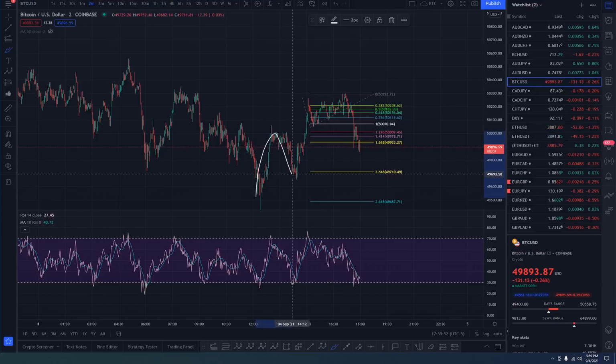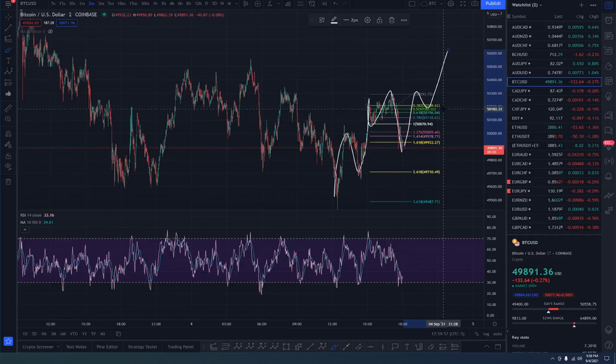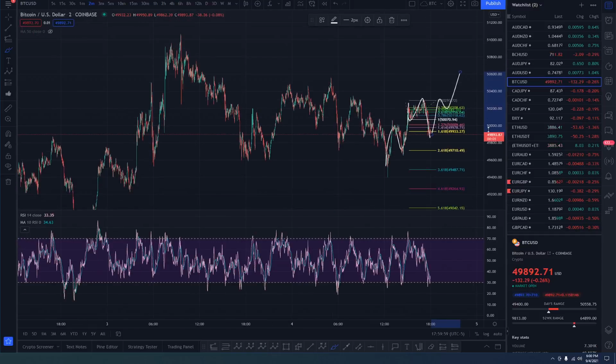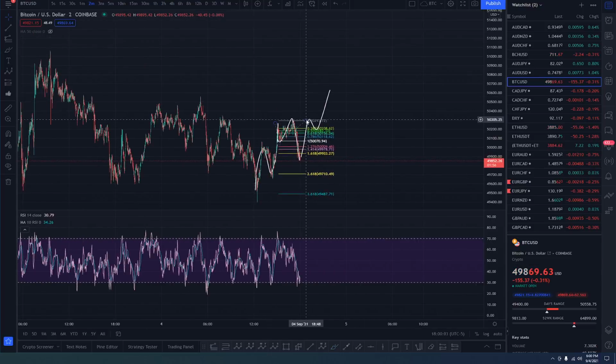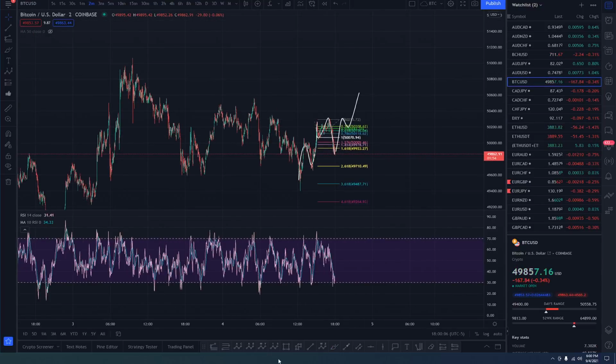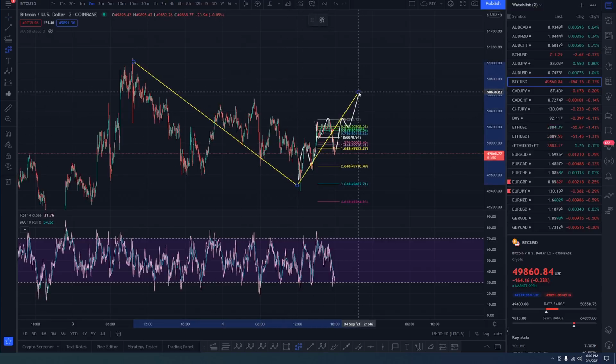So either I have a 3 and then a 3, and then I'm looking for another 3 up. Now, it's not very proportional, but this could be a 3, 3, and then could get another 3 down.